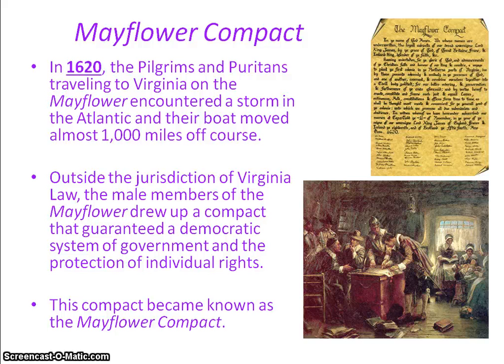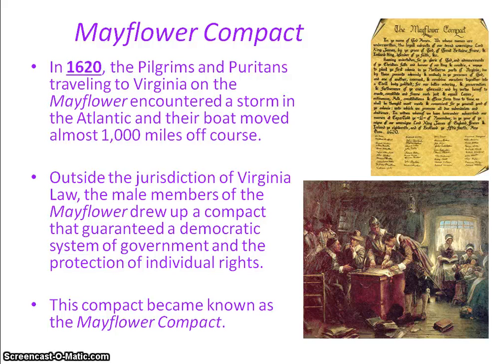All right, the Mayflower Compact, which we've read and you decided whether or not you were going to sign it, is established in 1620. The Pilgrims and Puritans who are traveling to Virginia on the Mayflower encounter a storm, remember the epic fail of navigation, and their boat is moved 1,000 miles off course. So they're outside of the jurisdiction of Virginia law.